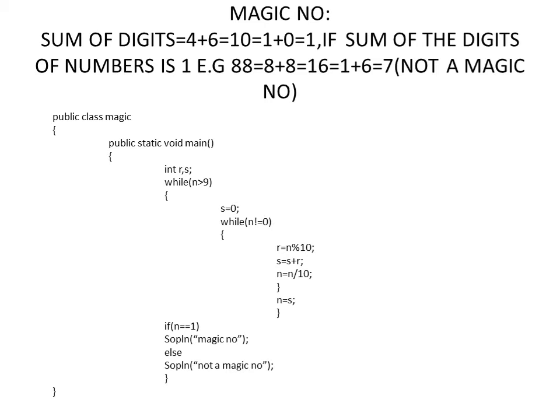Now let us focus. After the magic number program, we will focus on the automorphic program. All these programs are extremely important. Thus, I would request all the students to be completely engrossed in today's lecture.